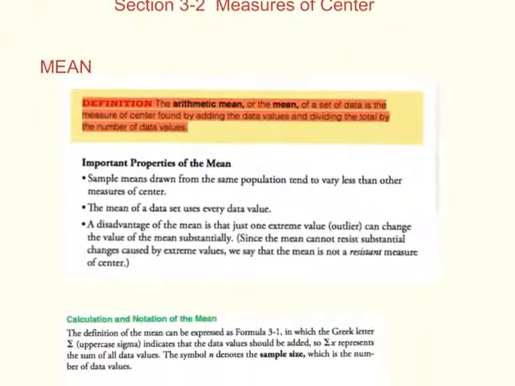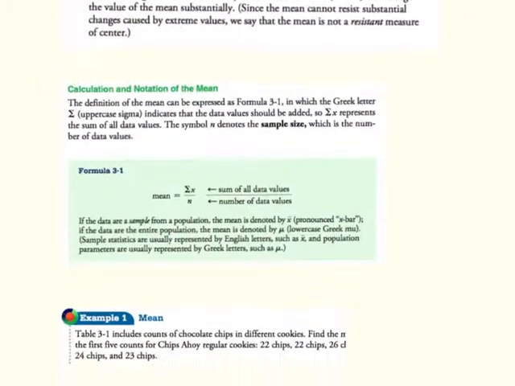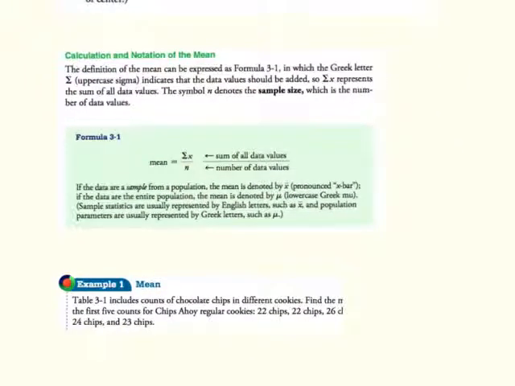All right, let's drop down and take a look at this. This is how we calculate the mean and the notation that's used. Mean is typically represented by x bar if it's the sample mean. For a population, we use the lowercase Greek letter mu, and you can see that right here too, in that little green box.